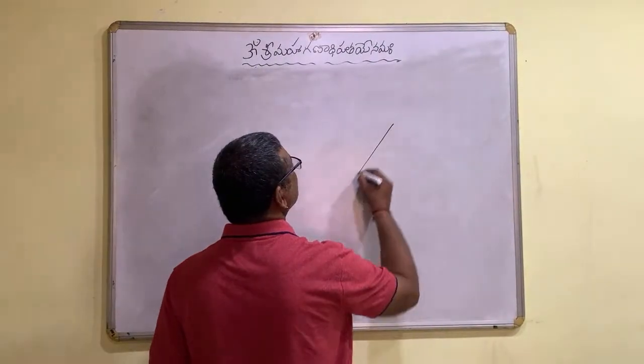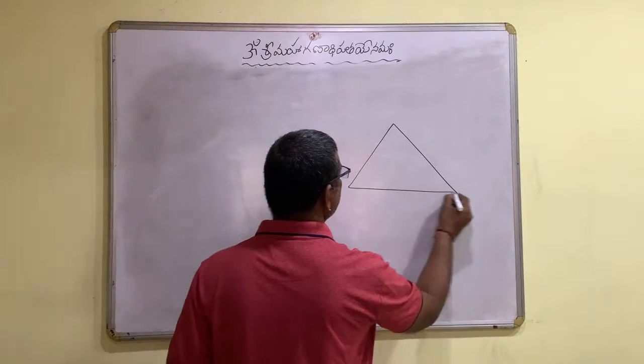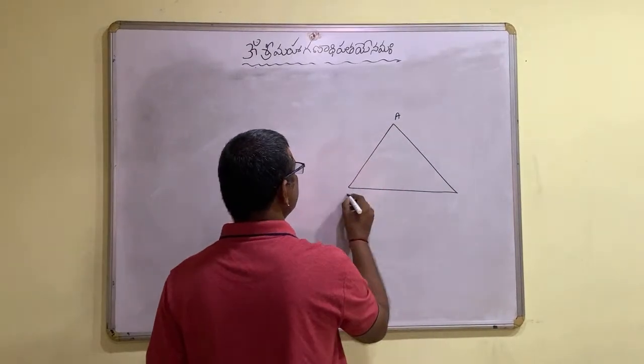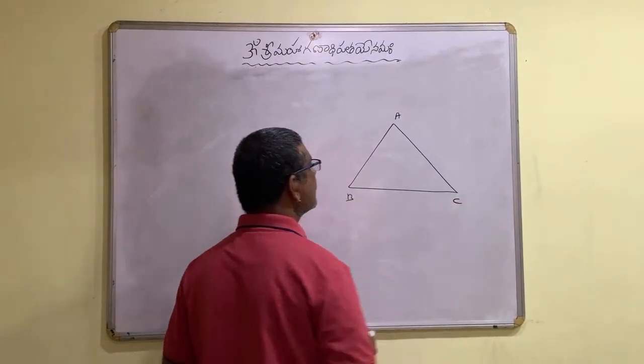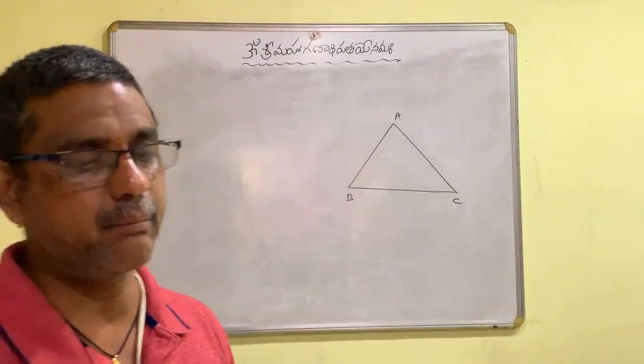First, consider an isosceles triangle ABC.